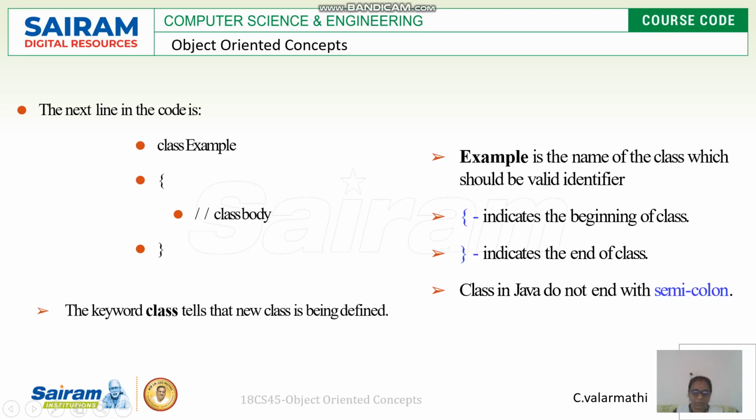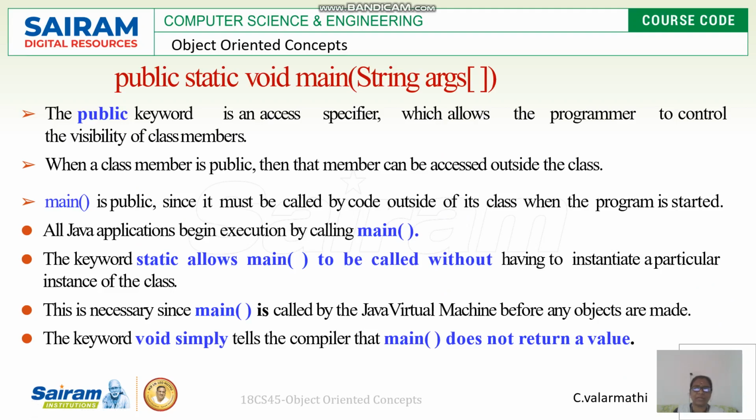One more very important thing is that a class in Java does not end with a semicolon. There is no semicolon at the end of a class. We close the class by using the closing curly brace itself, right? I hope so. This is very important and easy to understand.